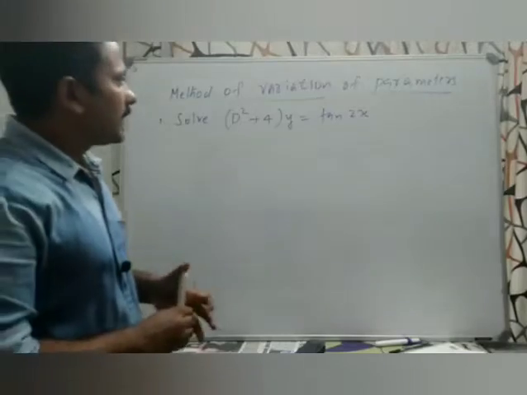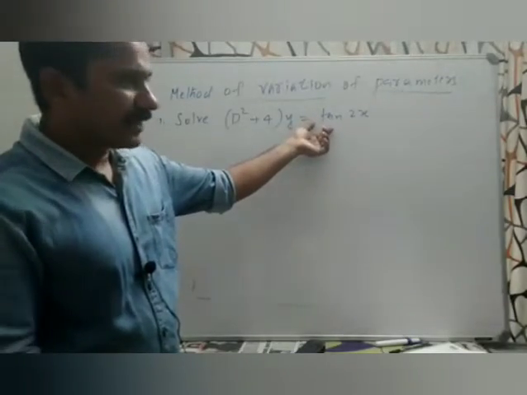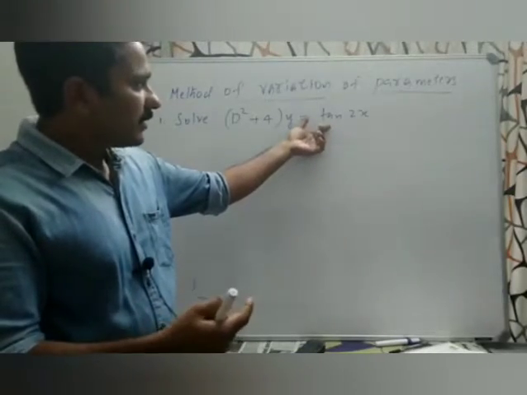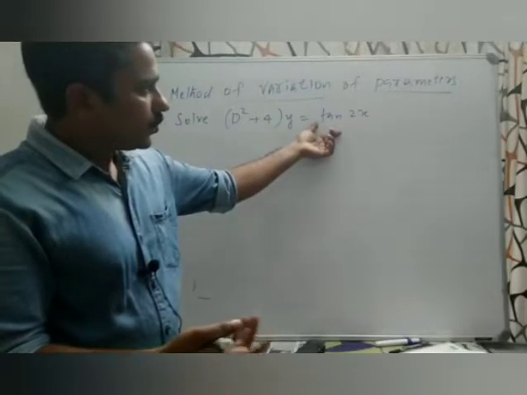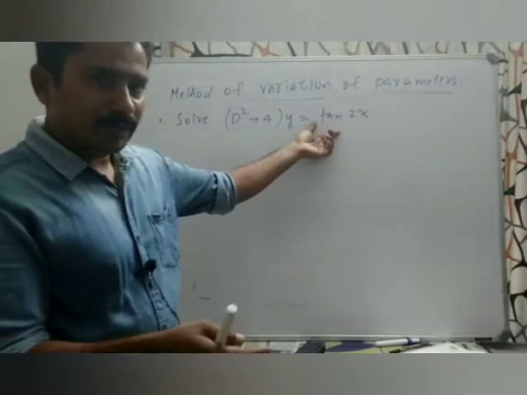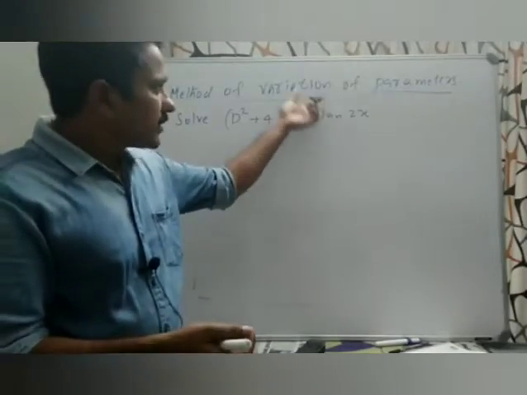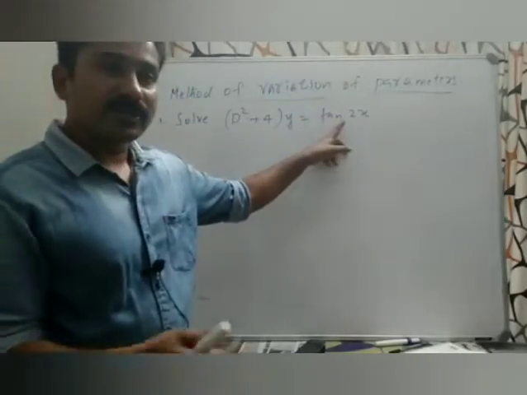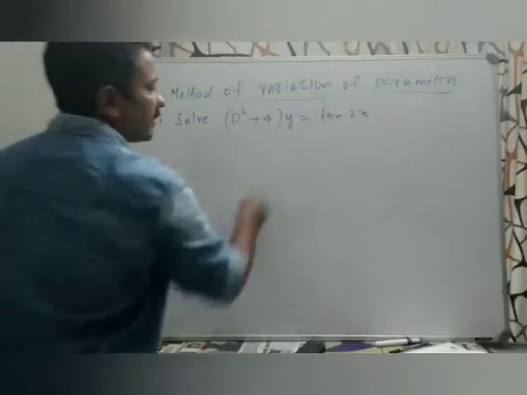If the right hand side is a function other than x, e to the power x, sin x, cos x, then actually we didn't study a method for finding the particular integral. But using variation of parameters, we can do that. Whatever be the function on the right side, we can find the particular integral. And here it is tan 2x.